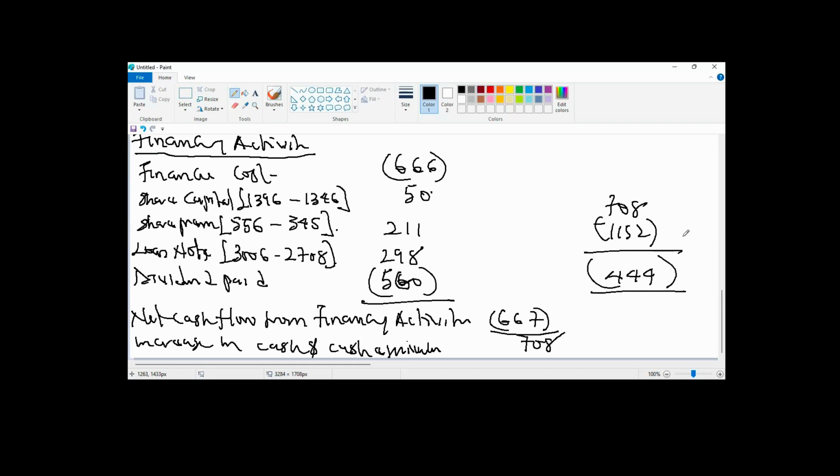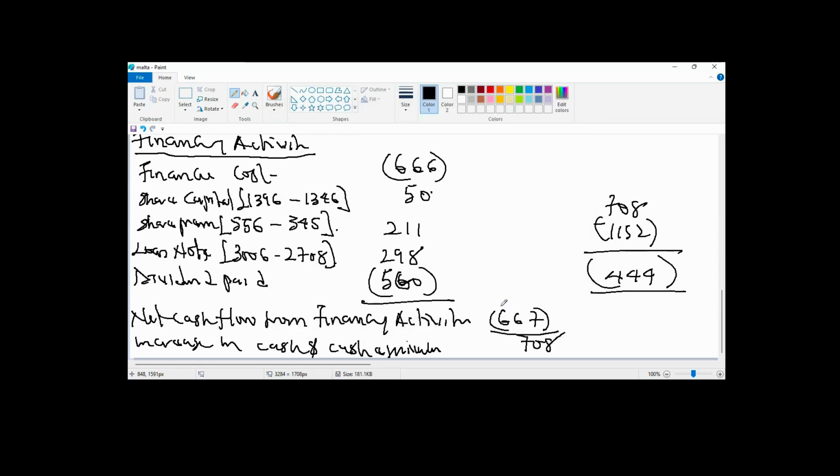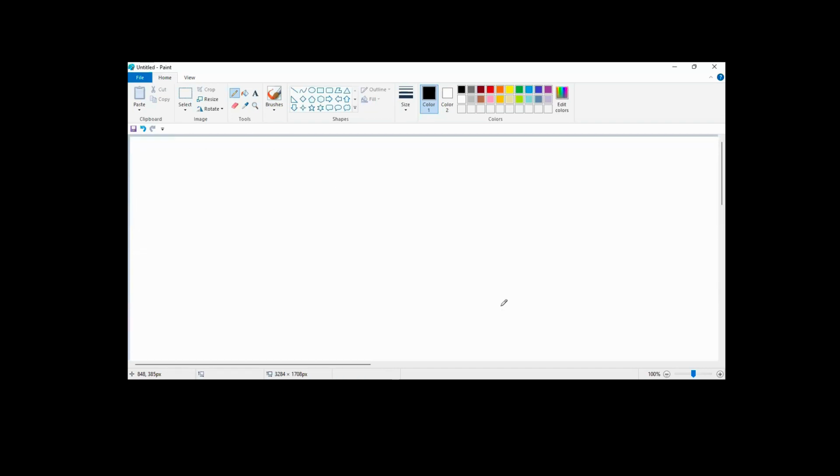Direct method can be tested in two ways. First one, we get direct method from the existing financial statements.